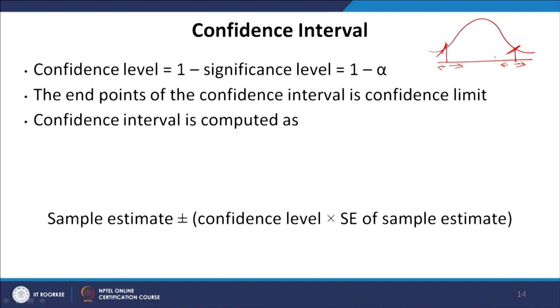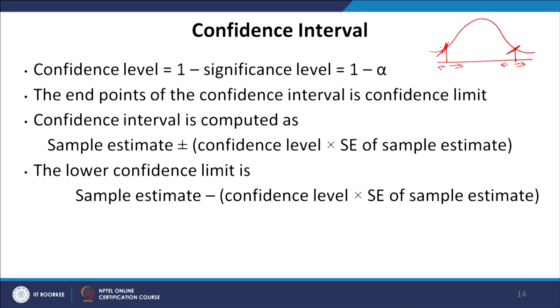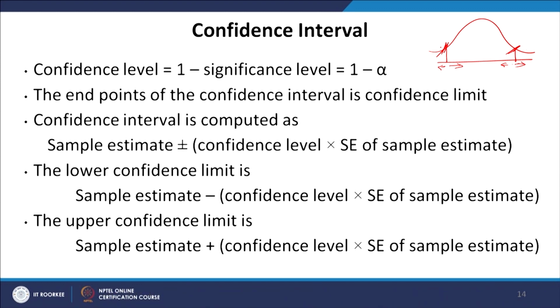Confidence interval is computed as sample estimate plus minus confidence level, say 95%, multiplied by standard error of sample estimate. So, the lower confidence limit is sample estimate minus confidence level multiplied by standard error of sample estimate, and the upper confidence limit is sample estimate plus confidence level multiplied by standard error of sample estimate.